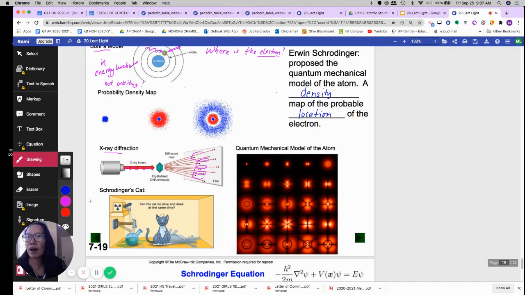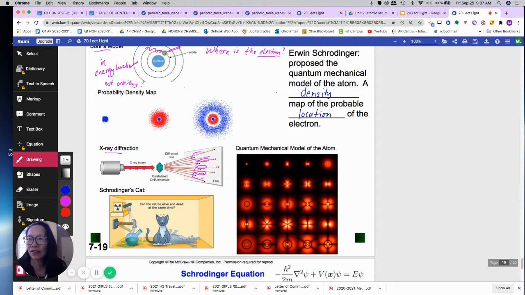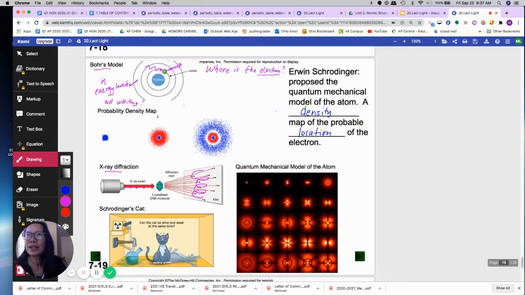If you open the box, there's a lever that will hit this vial and open the flask and kill the cat. So you cannot open the box, which means you can never tell if the cat is dead or alive. Same thing with an electron. You can never tell where the position is if you hit it with an X-ray beam. Therefore, we cannot analyze it physically.